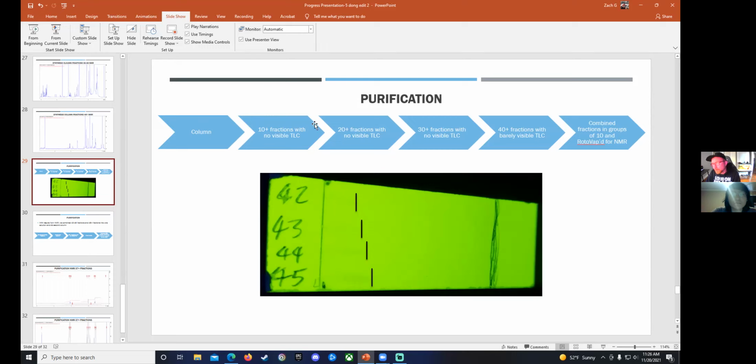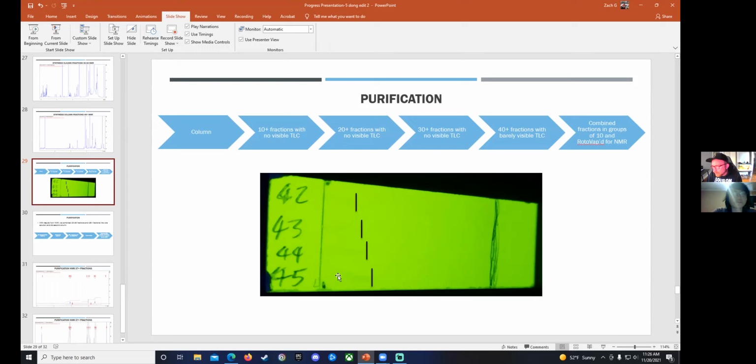The TLCs were blank. 20 plus fractions, same situation, no TLC whatsoever. 30 plus fractions, still no visible TLC whatsoever. And then at fraction 42 actually, we did see something starting to show up. Unfortunately, it's not super clear.